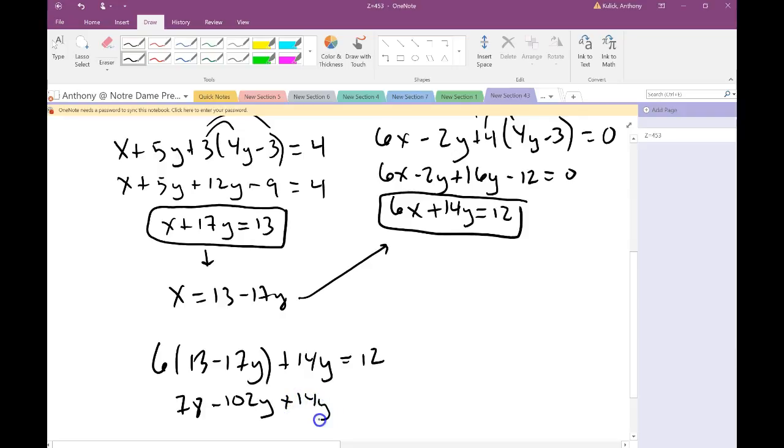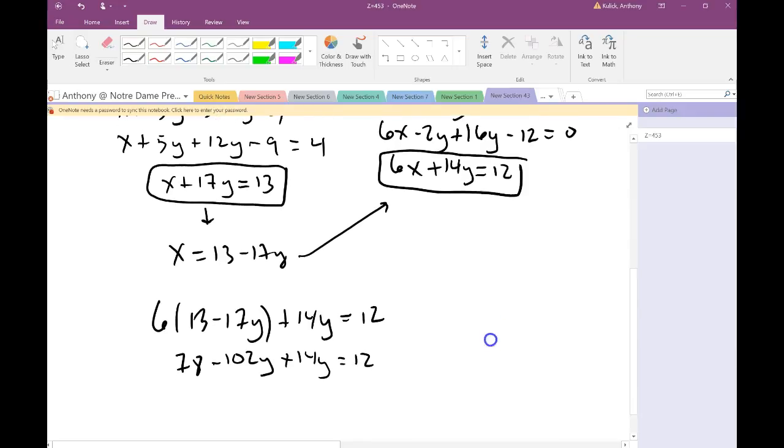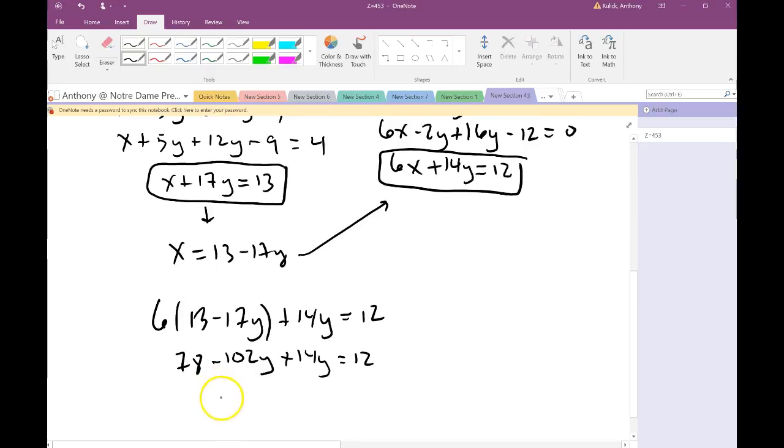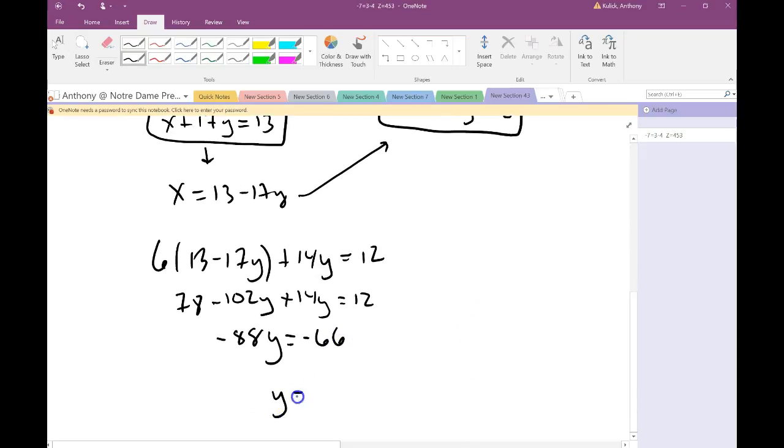Plus 14y equals 12. Negative 102 plus 14 is negative 88. And when I subtract that 78 over there, I get negative 66. And when I divide both sides by negative 88, I get positive 3/4.